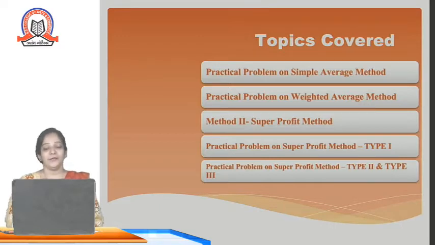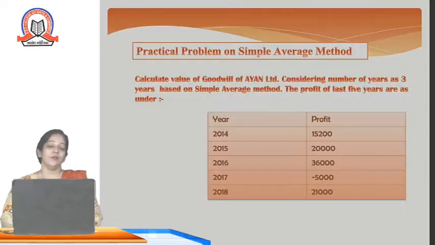So let's start. First of all, we have the simple average method. As already discussed in the previous video, the formula for calculating the value of goodwill using the simple average method is: goodwill equals average profit into number of years purchase.